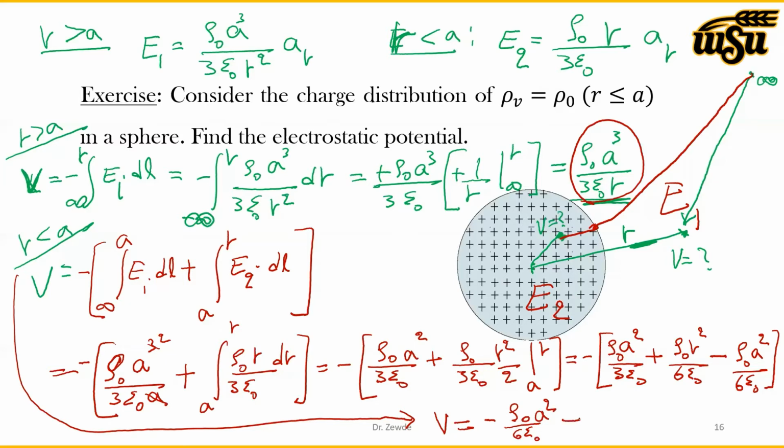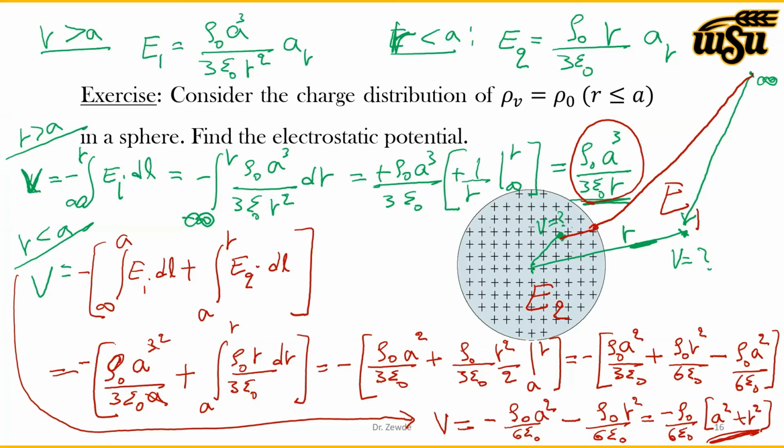Plus, again, minus rho naught over 6 epsilon naught times r squared. Or if you take rho naught over 6 epsilon naught as a common factor, this is minus rho naught over 6 epsilon naught times (a squared plus r squared). So this is the expression for the electric potential inside the sphere, and that is the electric potential outside the sphere.